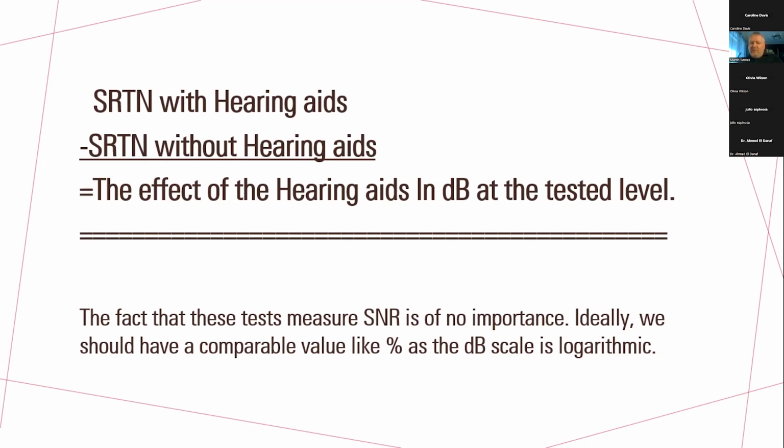Ideally, we should have a comparable value, for example, in percentage, and someone better than me in mathematics should be able to calculate. You know, decibel scale is logarithmic. So if we use the decibel measurement, it's not comparable from one client to another. You know, how well does the hearing aid work for this client, and so on.